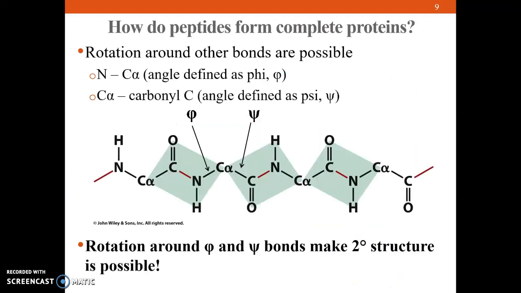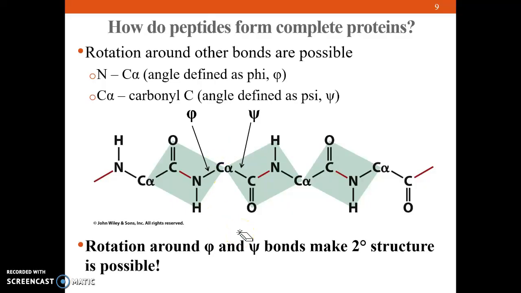structure of proteins. This shows the peptide bonds in red, and if you're looking at all of the atoms that are participating in the peptide bond, they're all on the same plane. So they've tried to show in this image, they've sort of boxed in green 3 peptide bonds. Now the N to C alpha bond, that is known as the phi bond, and that is rotatable. You can rotate around that bond.